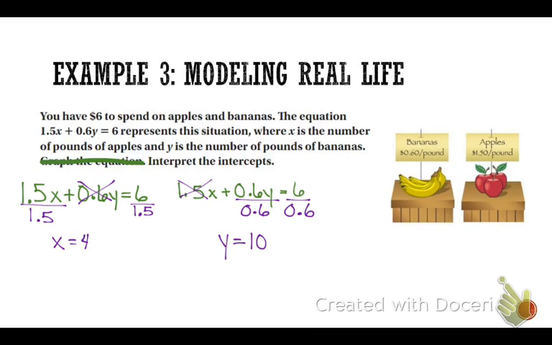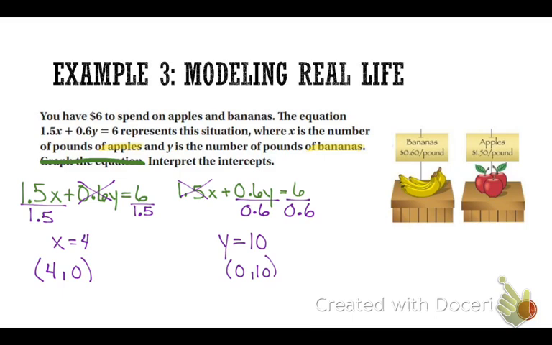So what does this mean? Well, let's write them as ordered pairs. That might help a little bit. What do these intercepts mean? What did x stand for again? Apples. What did y stand for? Bananas. So in the first equation, I had a 4 for my x and a 0 for my y. Could we put that into a sentence? Someone raise your hand and tell me. Well, remember what x stands for and what y stands for.